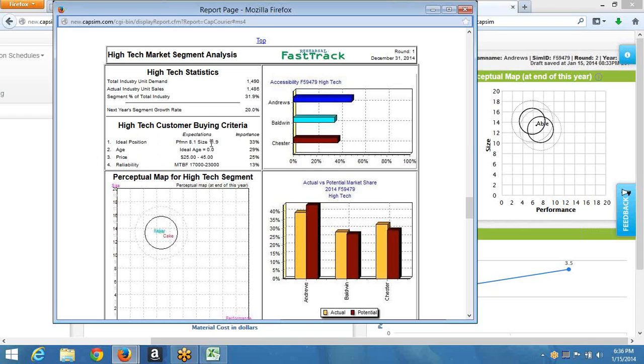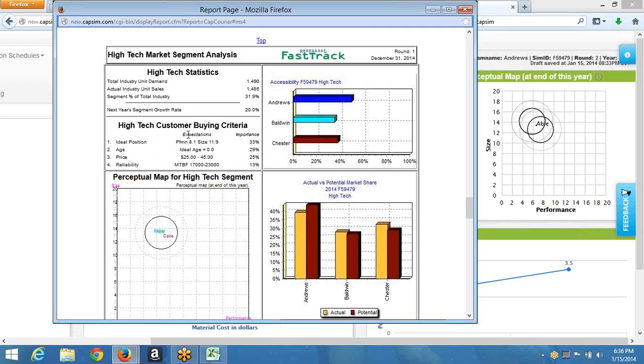Now, as you read and go through the rehearsal tutorial, they would tell you that every year, in order to keep it in the ideal position, performance will go up 0.7 and size will go down 0.7 in the high-tech market.